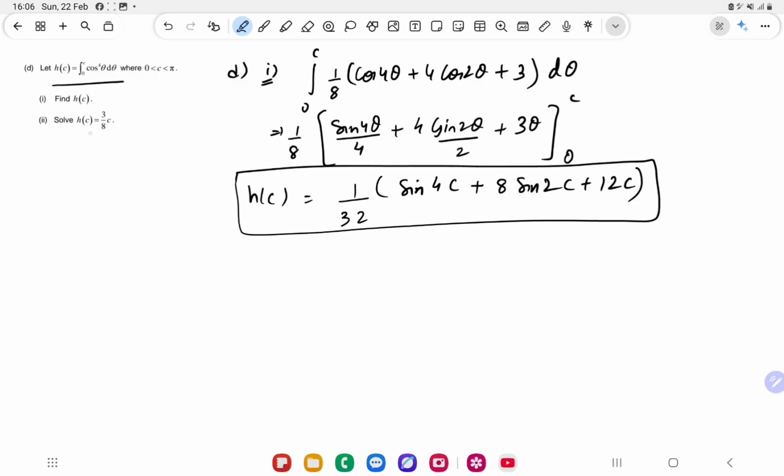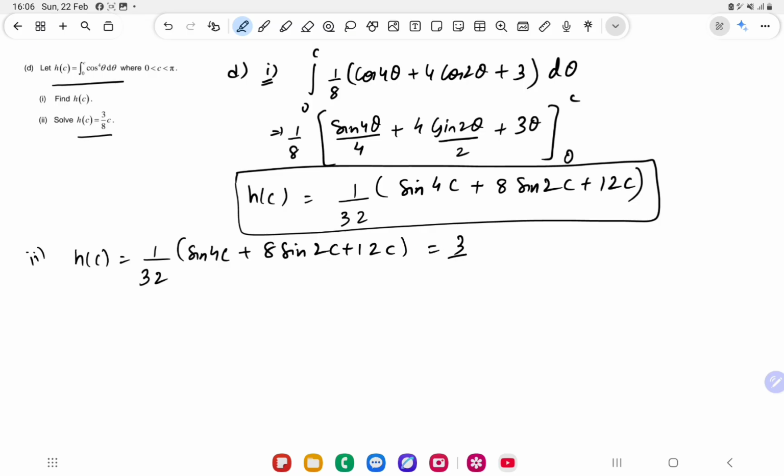Now for the second part, it says it should be 3 by 8 of c. So to solve this, what I can do is, from this expression only, first I write the integral, which is 1 upon 32 times sine 4c plus 8 sine 2c plus 12c.